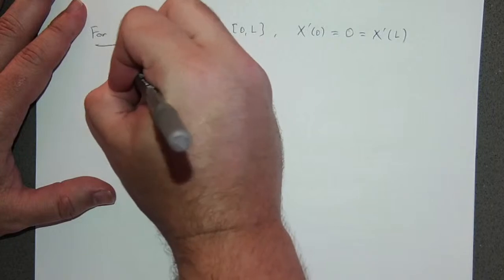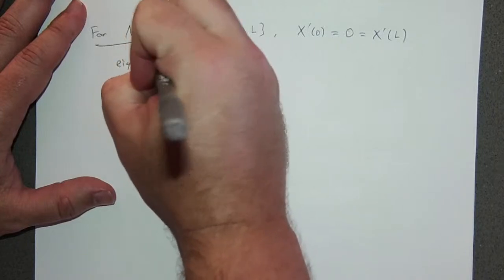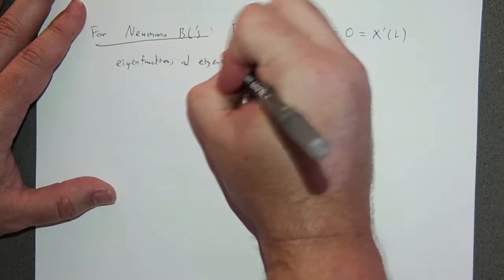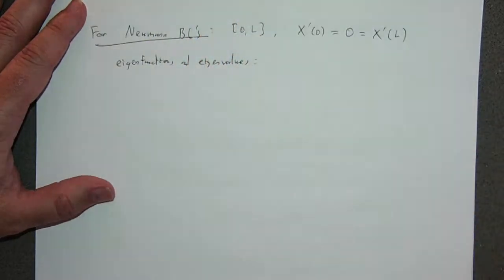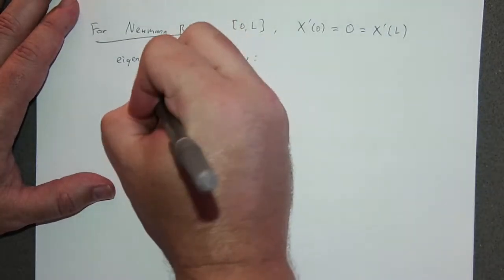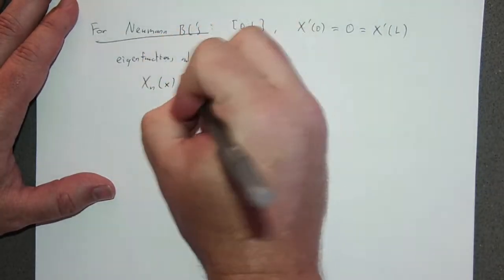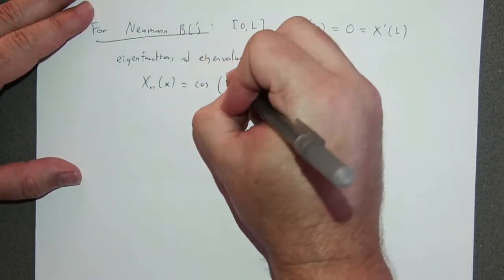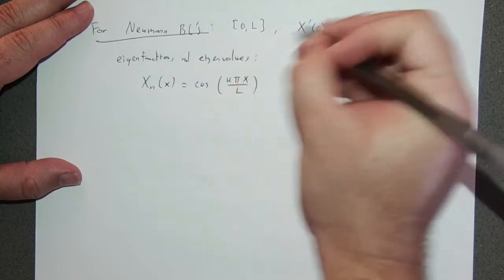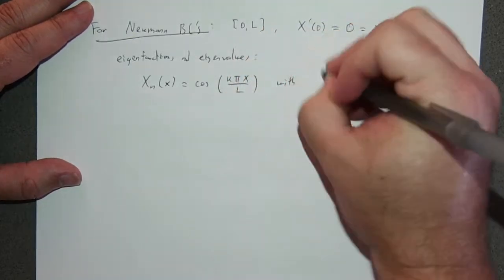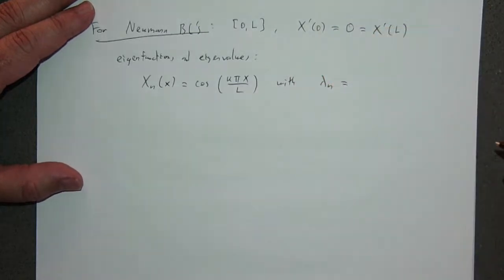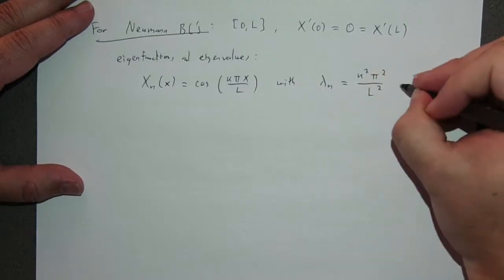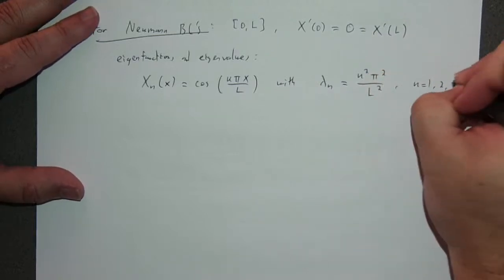This gives eigenfunctions and eigenvalues as follows. The eigenfunctions, I'm sure someone has already guessed what they are: cosine of n pi x over L, with my eigenvalues lambda sub n again being n squared pi squared over L squared, with n being a positive integer.